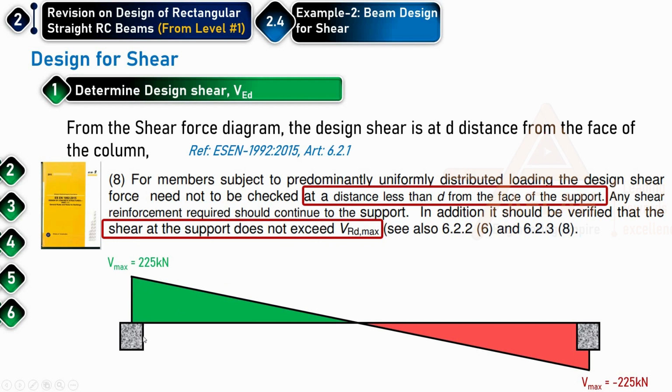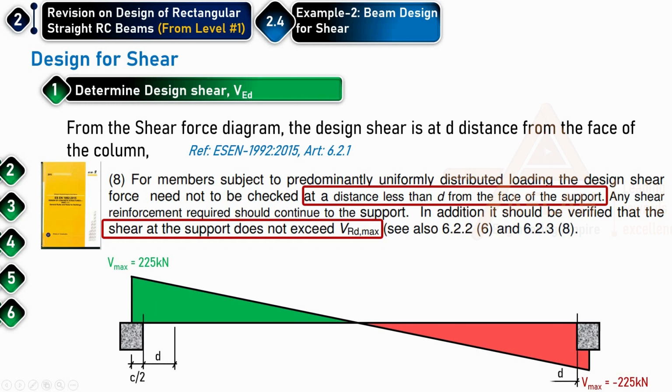You need to check it at the face of the support, if there is a column or a wall here. If the beam is simply going from one side to the other side, you may check it somewhere inside here, maybe at the center. So for this example, I will check here at the face of the support.